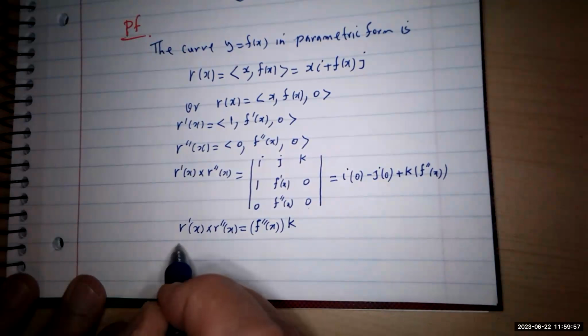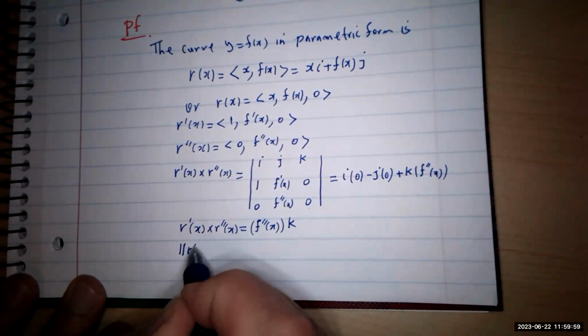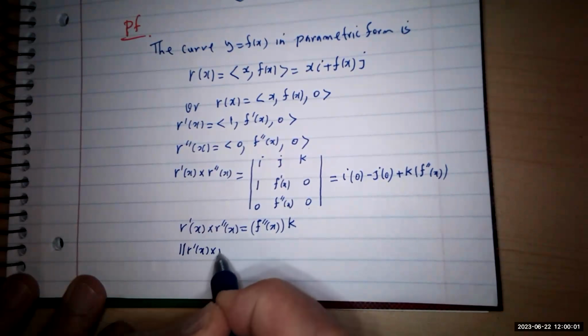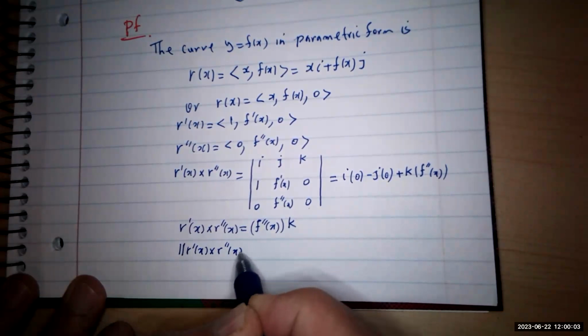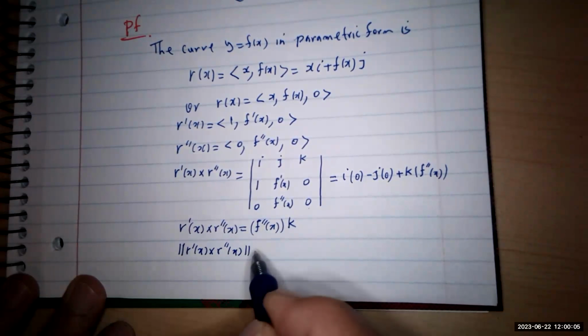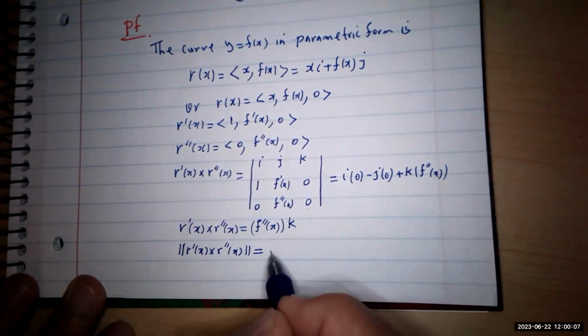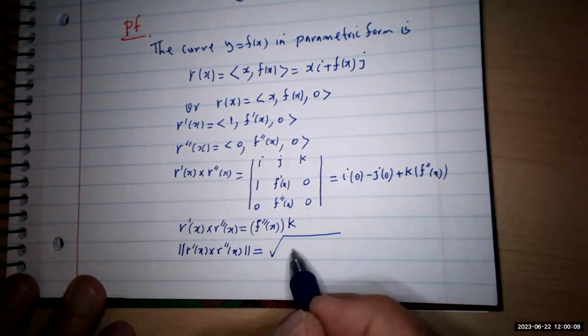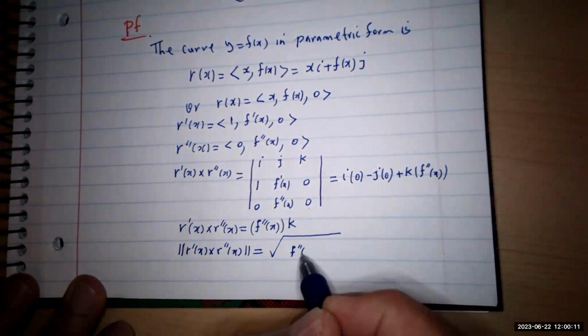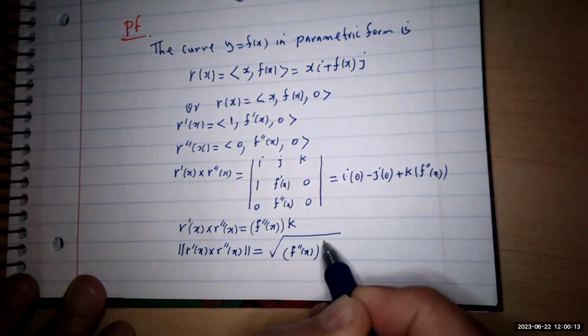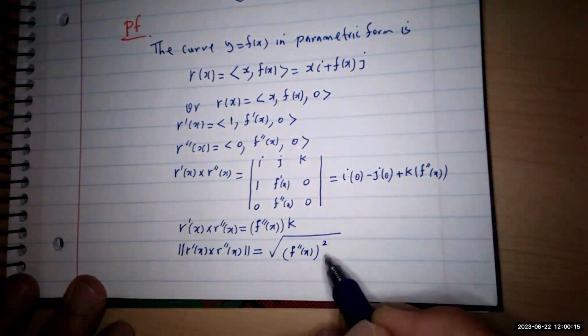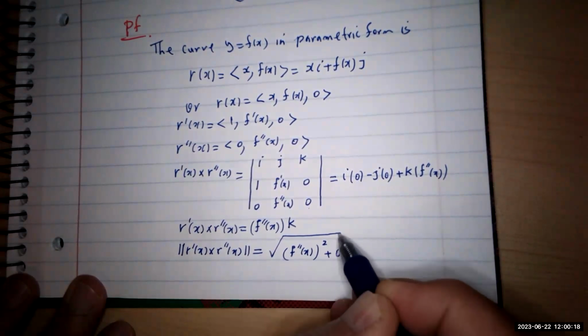So the norm of r prime of x cross r double prime of x is going to be the square root of f double prime of x all squared, everything else is 0 plus 0.